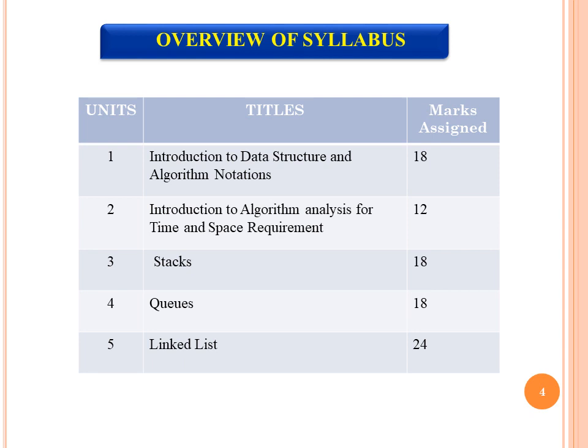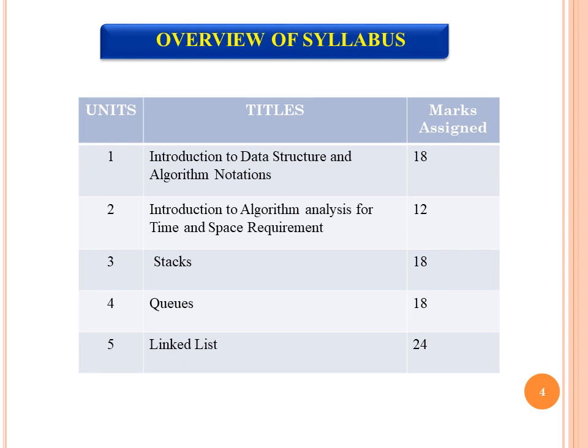So in unit 1, you have to learn about the data structure, the definition of data structure, operations, different types of data structure, algorithms, how to write an algorithm, and what notations one should follow for writing the algorithm. That is the algorithm notations. In the first unit, the array data structure is covered.